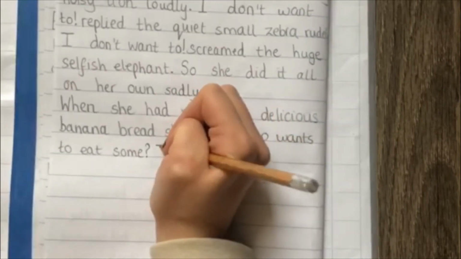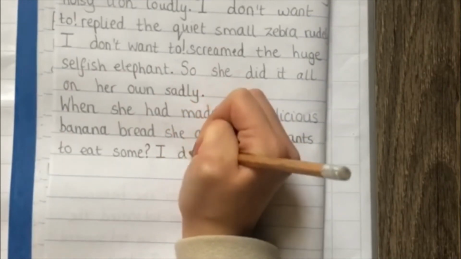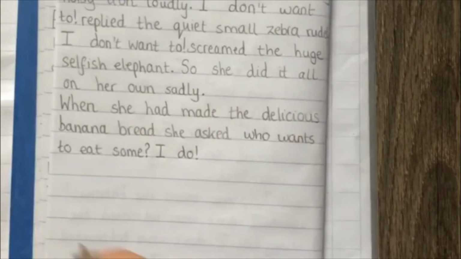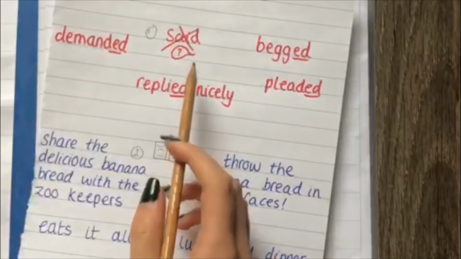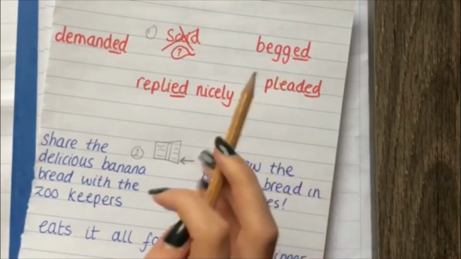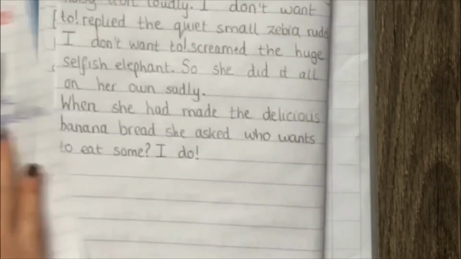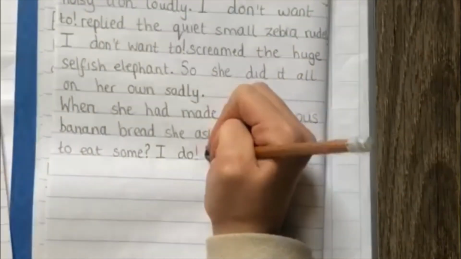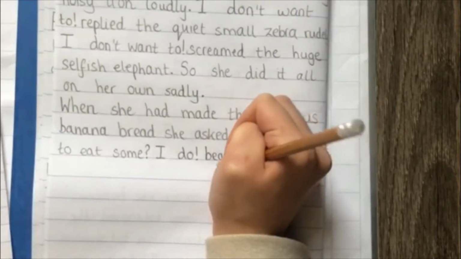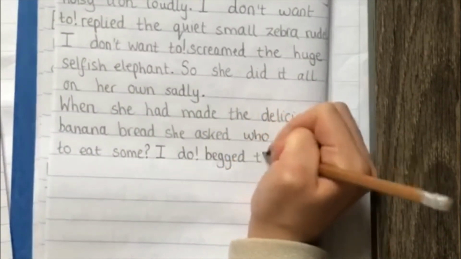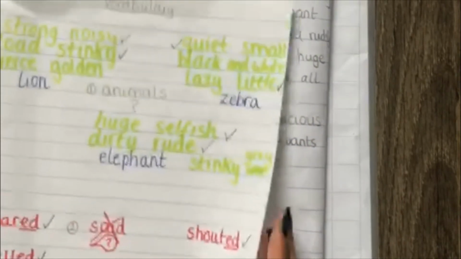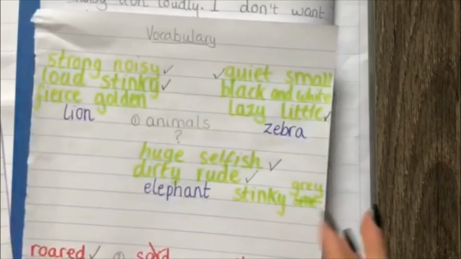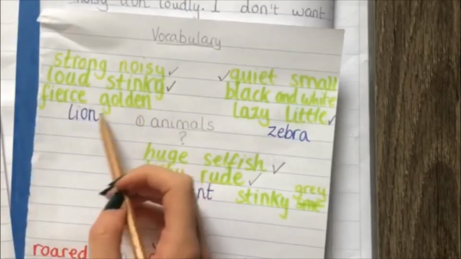I'm going to write "I do," and I'm going to do each of my animals. So "I do," not having said, I'm going to say begged. My lion begged the, and then I'm going to use my adjectives from the other day. The fierce golden lion.